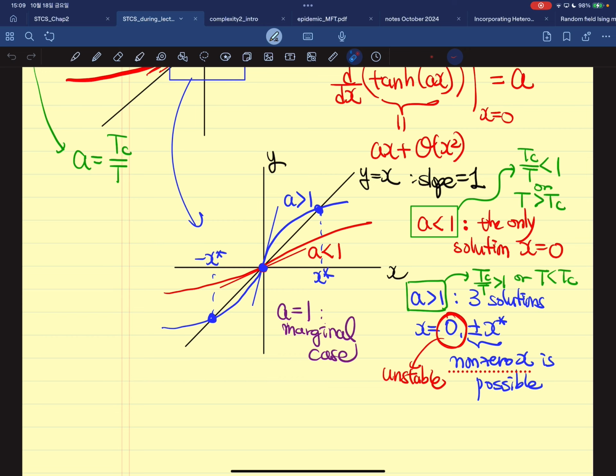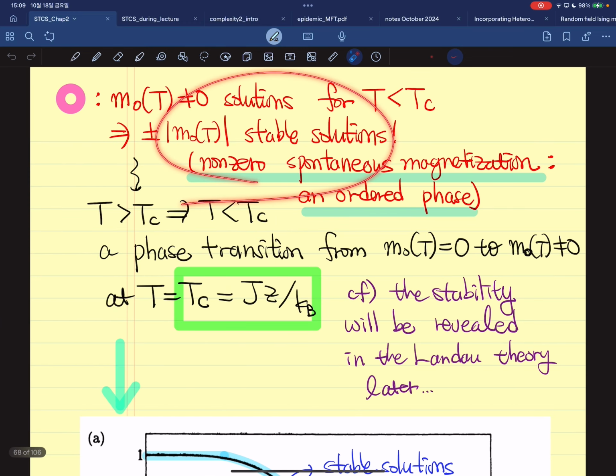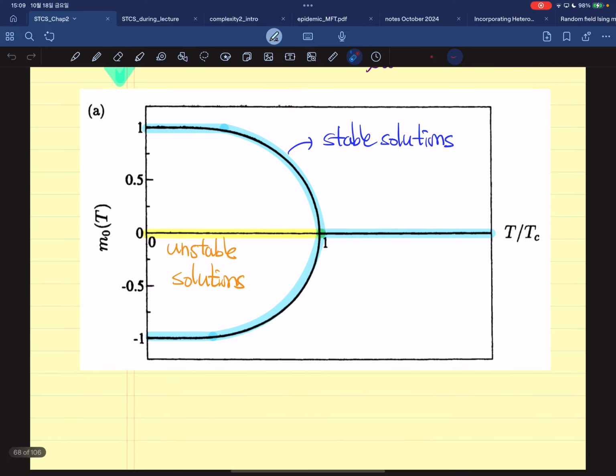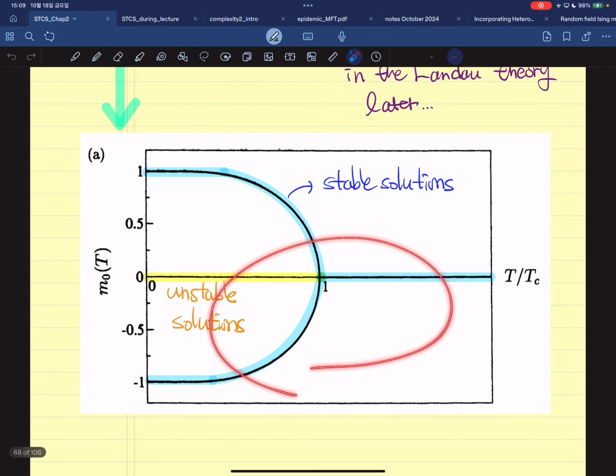So for temperature smaller than critical temperature, these non-zero solutions are the stable ones, and it's the non-zero spontaneous magnetization, or the ordered phase. It's called bifurcation in terms of non-linear dynamics and phase transition in terms of statistical physics.